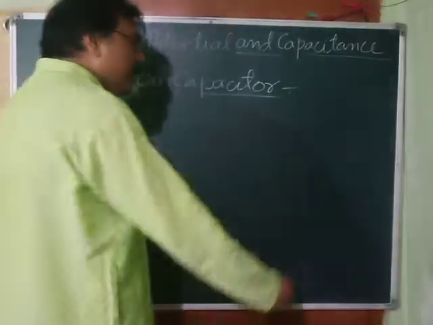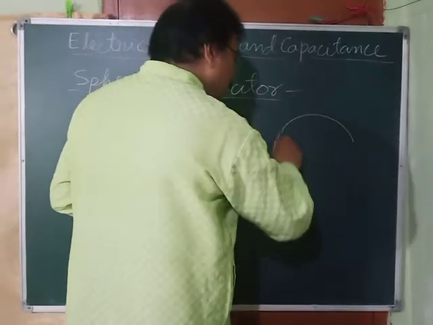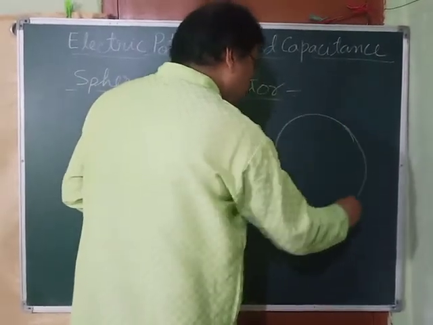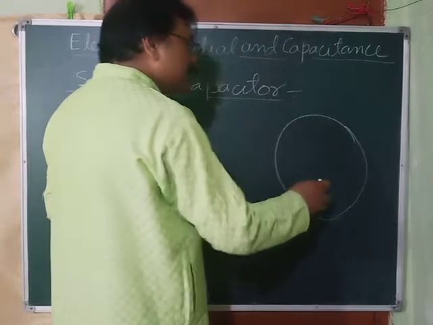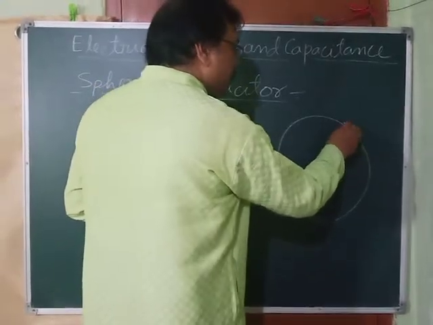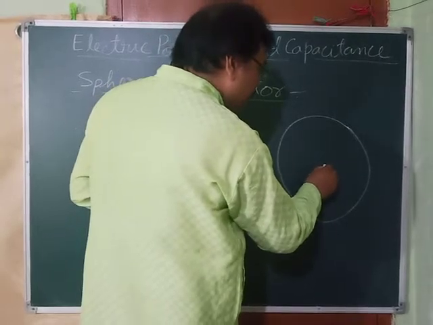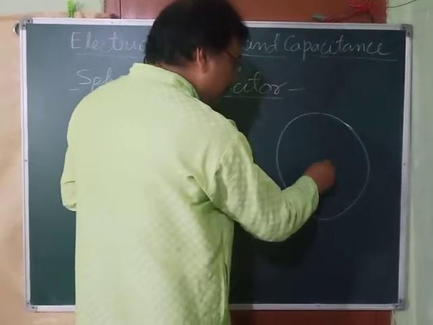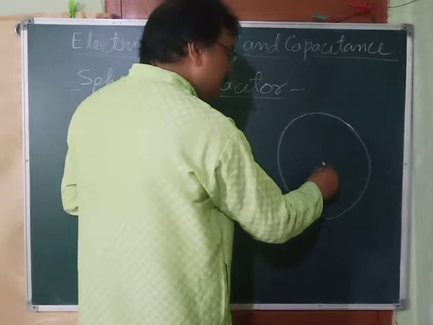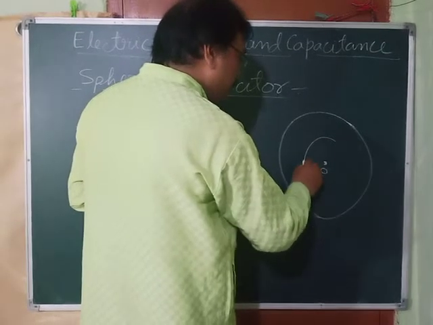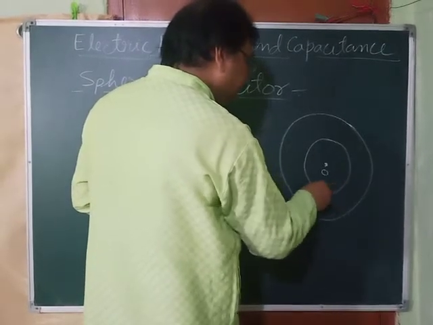See, what is a spherical capacitor? In the case of a spherical capacitor, we have two spherical shells. This is one spherical shell, and both are concentric. Concentric means the center is the same. This is center O, and there is another spherical shell, you can see here.